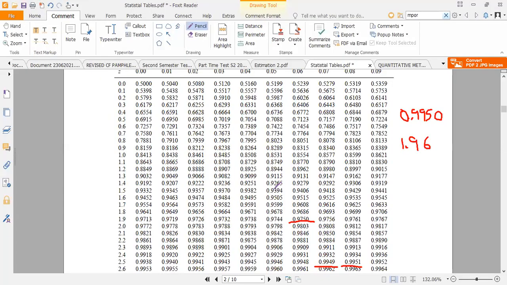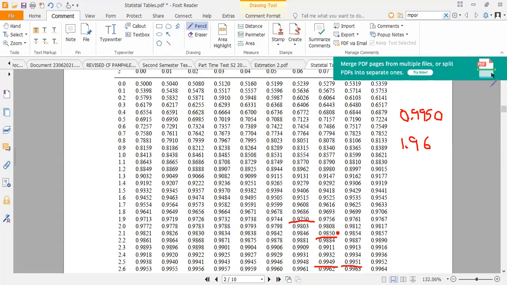Which one is close? Exact. We have 0.9850, which is 2 point what? What's the reading, what's the Z for this? 0.9850 is a probability, but what is the Z at this point? 2.17.